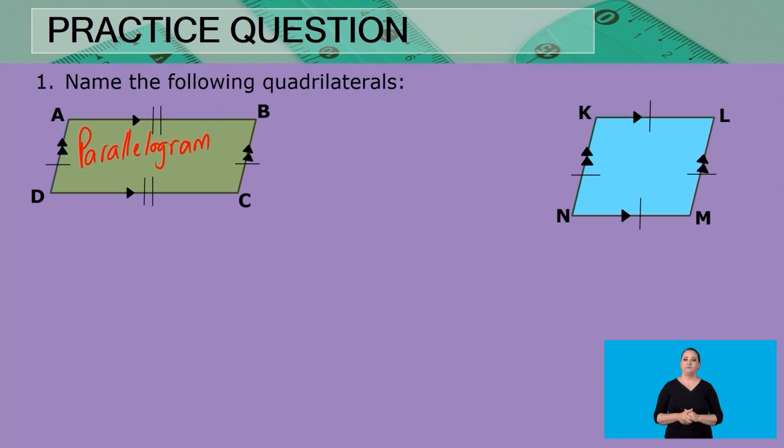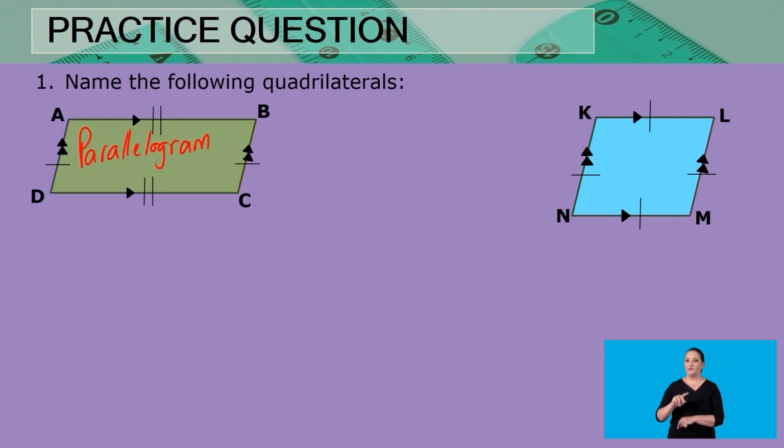Now, in this quadrilateral, we are also shown that the opposite sides are parallel. So as we can see there, we are shown that KL is parallel to NM. But they are not the only two opposite sides that are parallel. We are also shown that KN is parallel to LM.